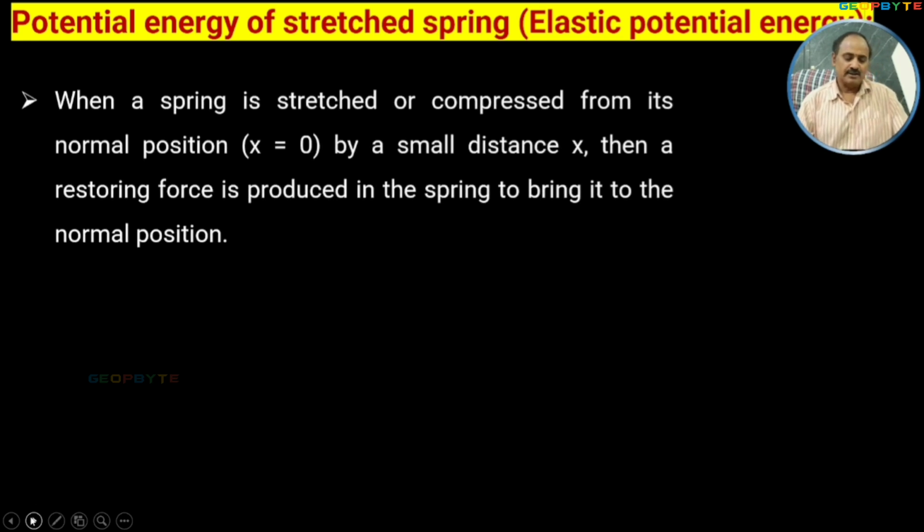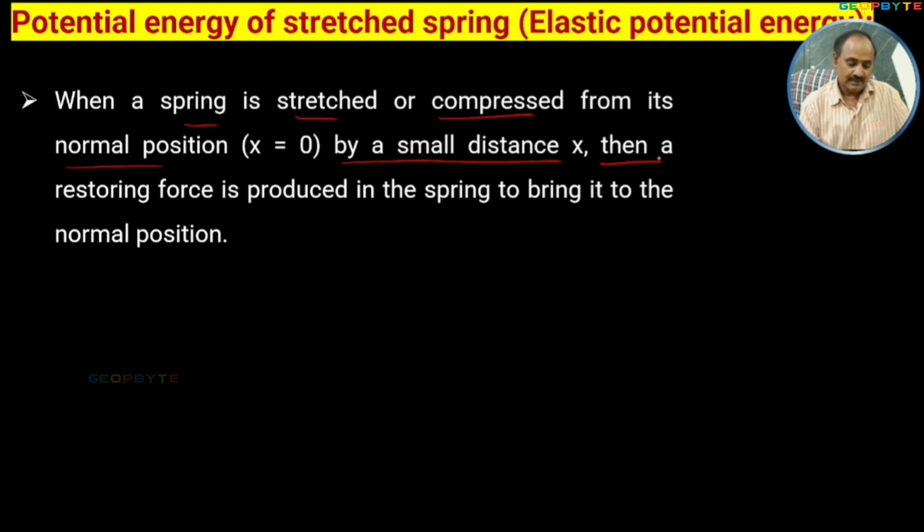Therefore, the restoring force and deflection of the spring are always opposite. Having that introduction, look at the important point. When a spring is stretched or compressed from its normal position by a small displacement x, a restoring force is produced in the spring to bring it to the normal position. That point we already discussed.